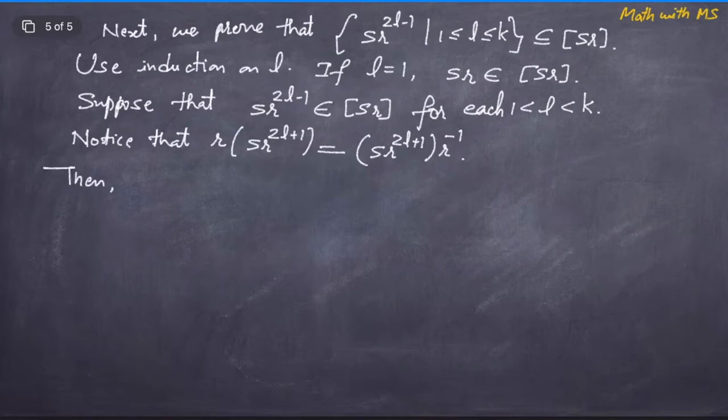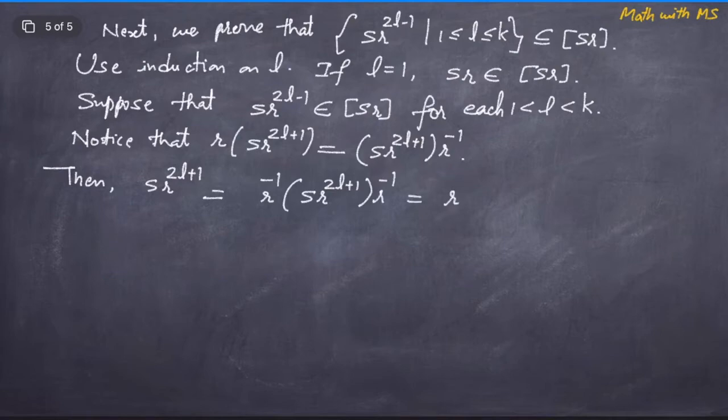Consider this element s r to the power of 2L plus 1. My claim is that this is a conjugate of SR. So, from the preceding identity we can write this as r inverse s r to the power 2L plus 1 times r inverse.